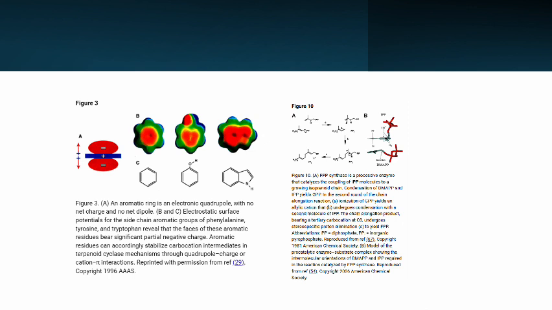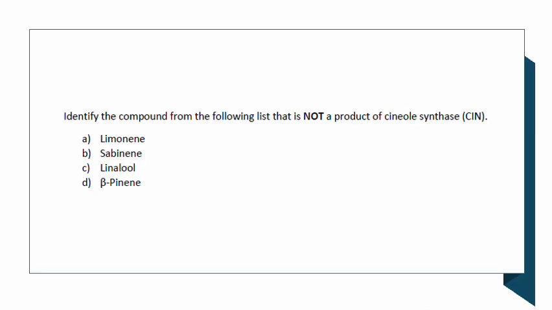And I have an image taken from a paper where they show what is the kind of carbocation that's formed. It gives you the electrostatic surface potential for the side chain aromatic groups of phenylalanine, tyrosine, and tryptophan.